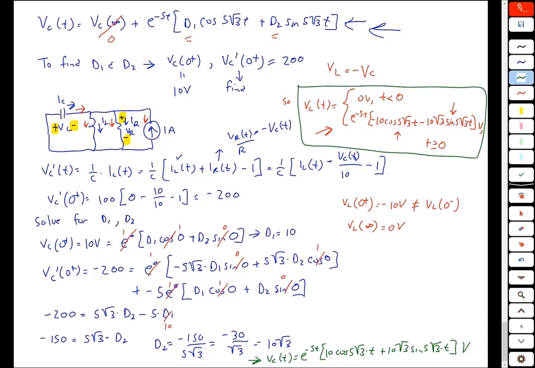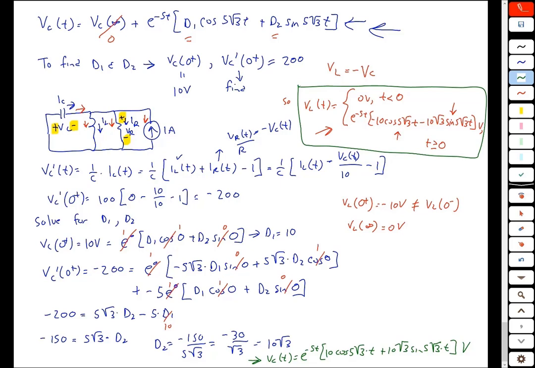So as I warned you at the beginning of this problem, these RLC circuits are very time-consuming problems. There are many, many steps. And this one is particularly tough because what we're ultimately looking for is not VC or IL, but in this case, VL.